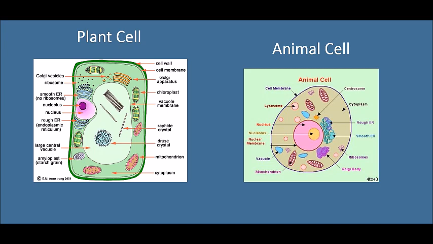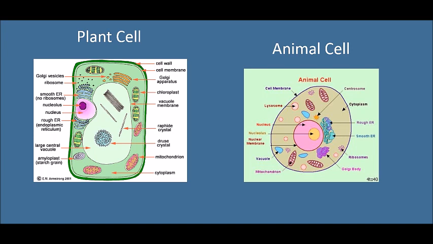The loose ribosomes are found in the cytoplasm. The cytoplasm is the jelly-like fluid that holds organelles. Also in the cytoplasm are lysosomes. Lysosomes dissolve cell waste and foreign material using enzymes.